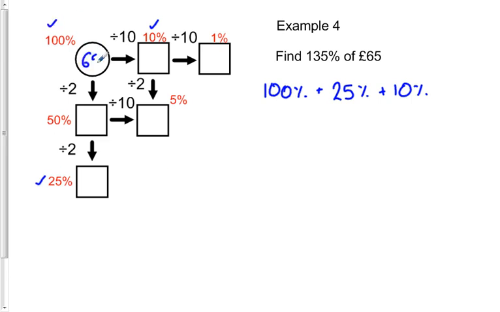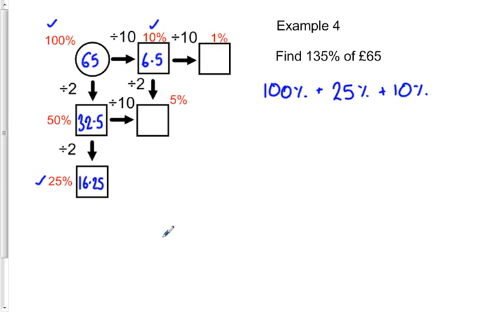We've got 65 in our starting position. When we divide that by 10, gives us 6.5. Now I know I'm working with money, but because I'm just working with it, I'm going to leave off the extra 0. Now I know I need to get down to this 25, so I need to divide by 2. Half of 65 is 32.5, and half of 32.5 is 16.25.